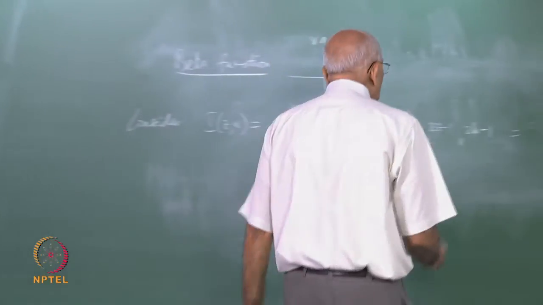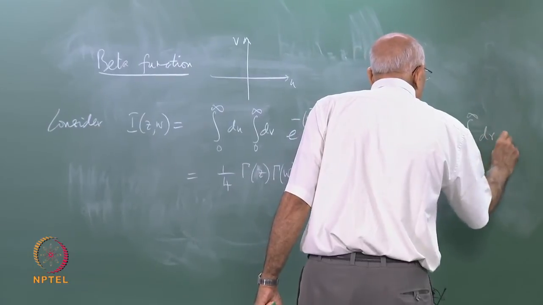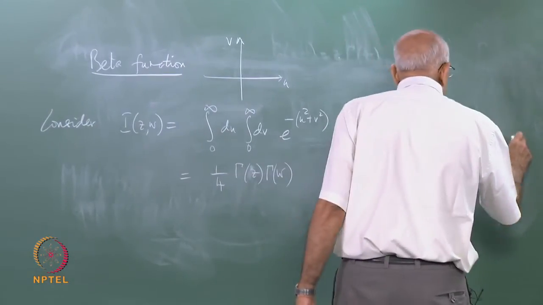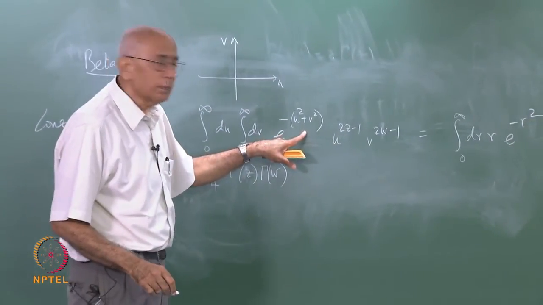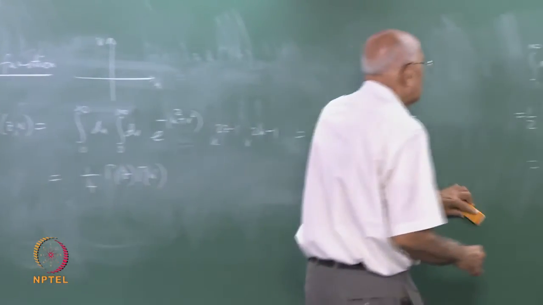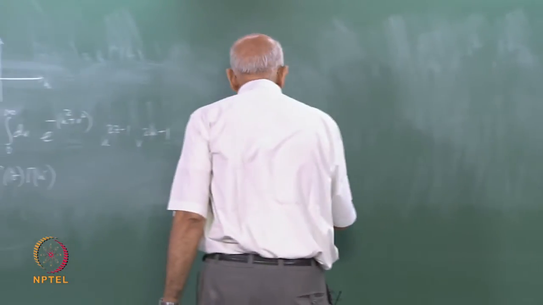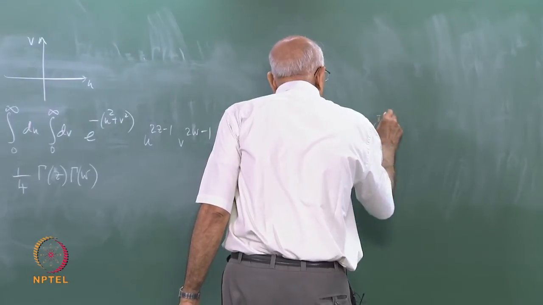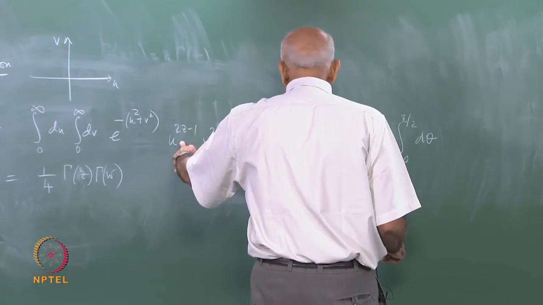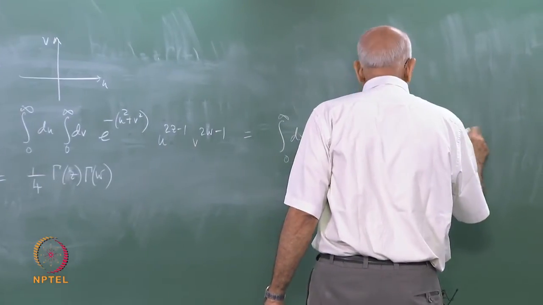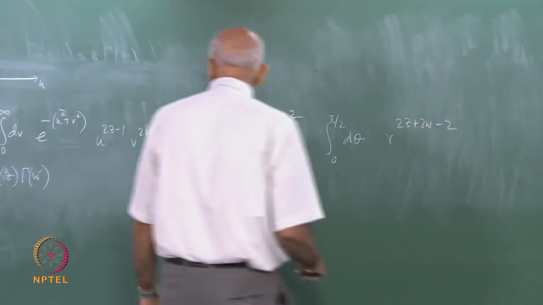So this becomes equal to integral 0 to infinity dr, there is an r here, and then e to the minus r squared, which is this guy, multiplied by integral 0 to pi over 2 d theta, and then there is an r to the power 2z plus 2w minus 2.